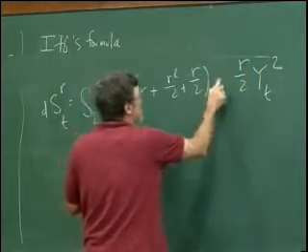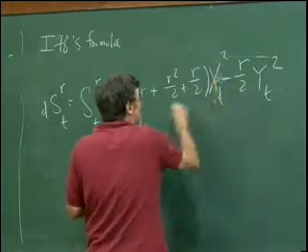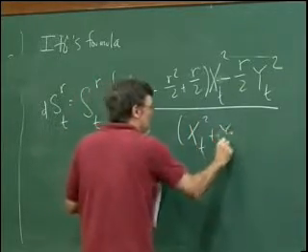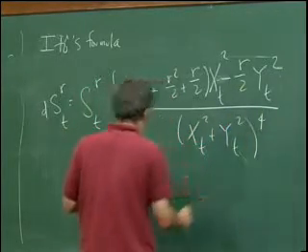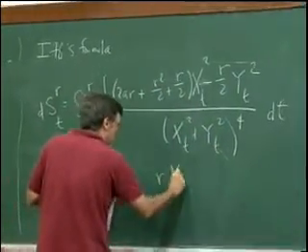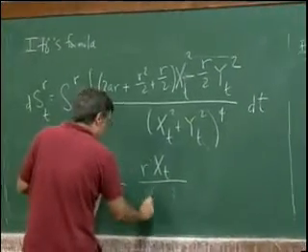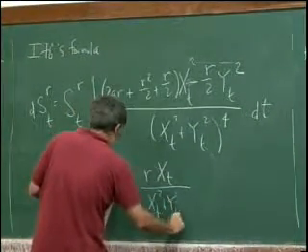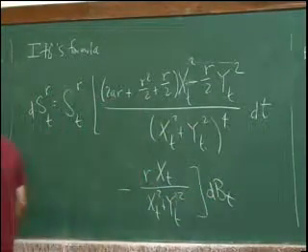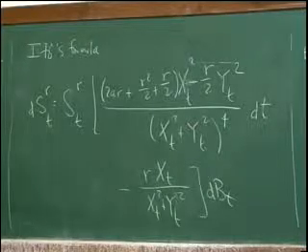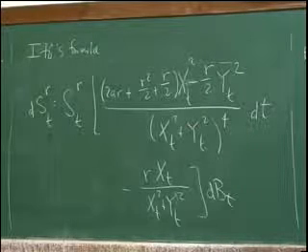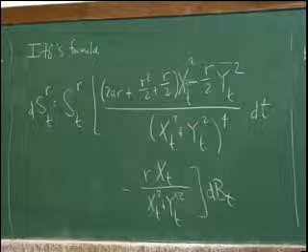There should be an x_t squared. Just little bits of tips when doing all these Ito formulas.